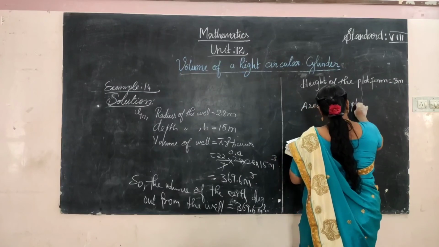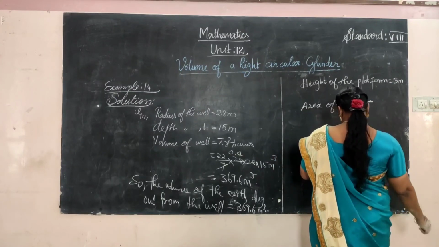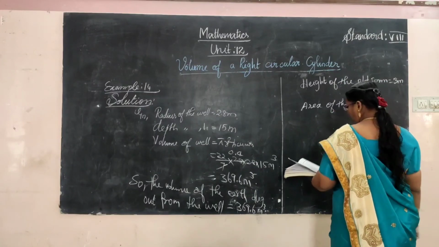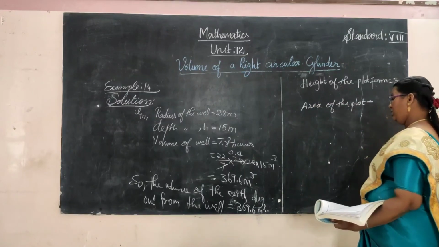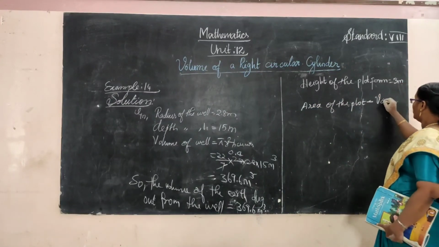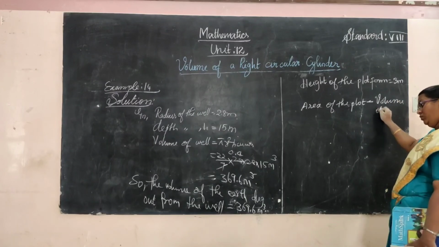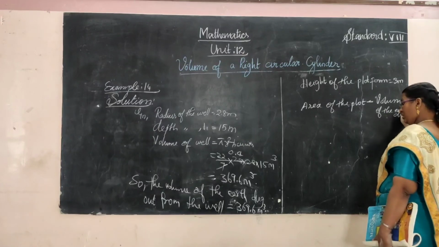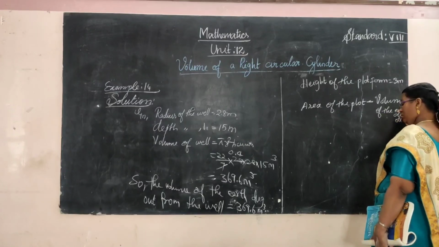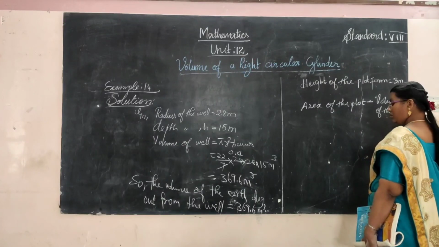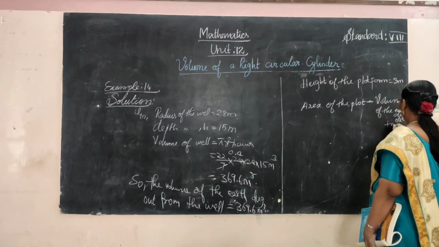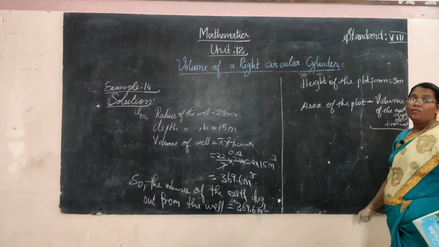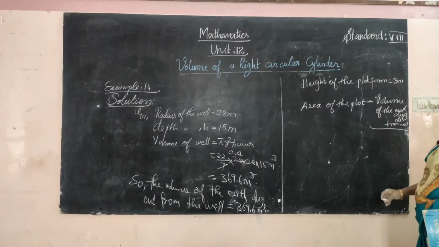Then we have to find out the area of the plot. So area of the plot is equal to volume of the earth dug out from the well divided by height of the plot.